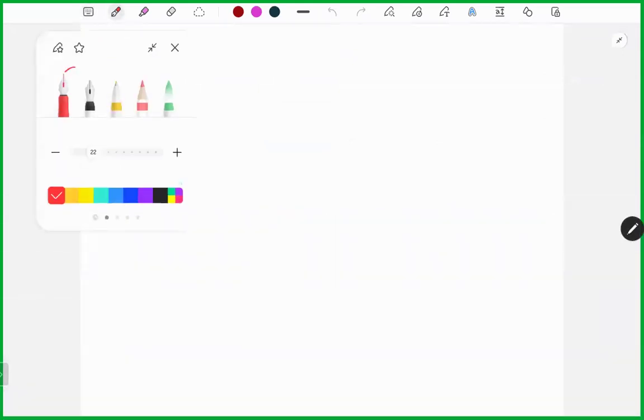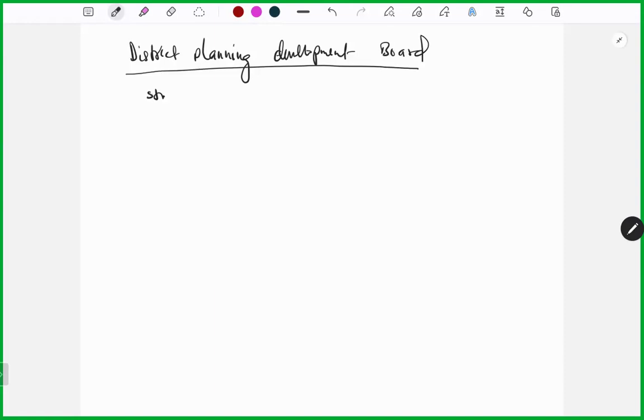So this is the District Planning and Development Board.